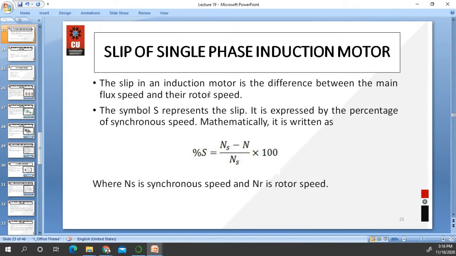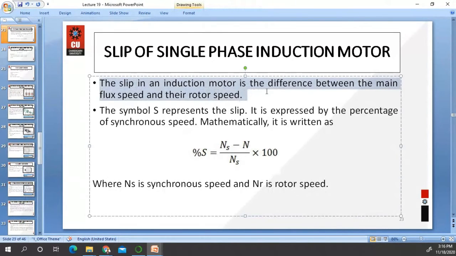Now, the slip of an induction motor is defined as the difference between the main flux speed and the rotor speed. So the main flux speed is Ns, then subtract the rotor speed N. If we want the percentage, we multiply by 100.